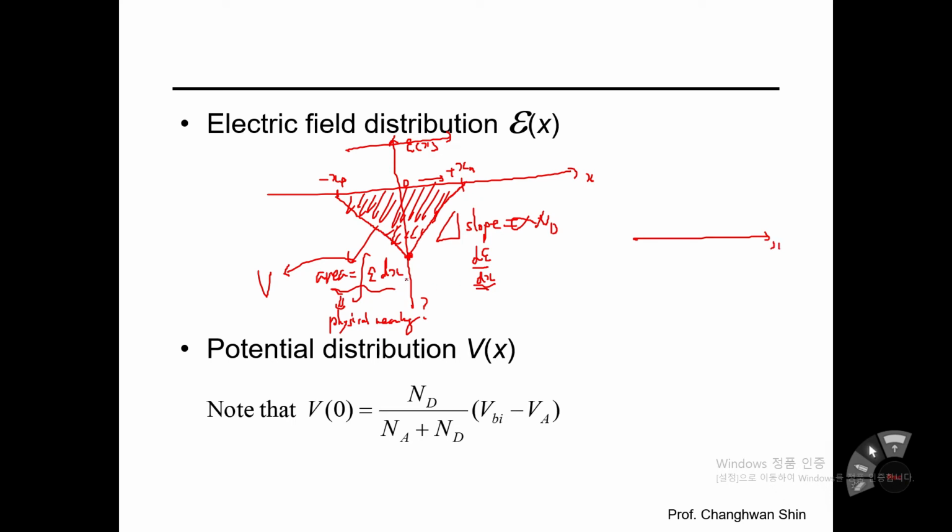Just simply, you have done the integration work by solving this equation, from 0, here minus xp plus xn. So suppose that here the reference potential 0 volt has been defined, and now, you know, this should be a first order polynomial equation.